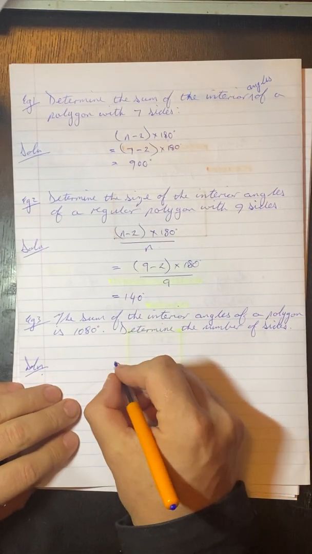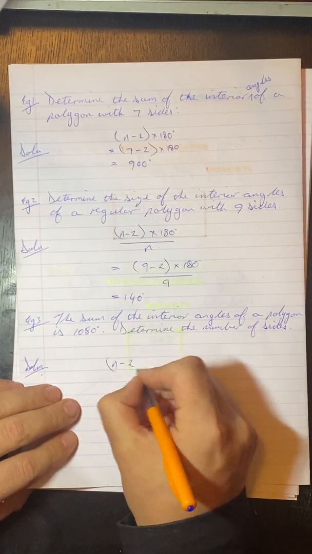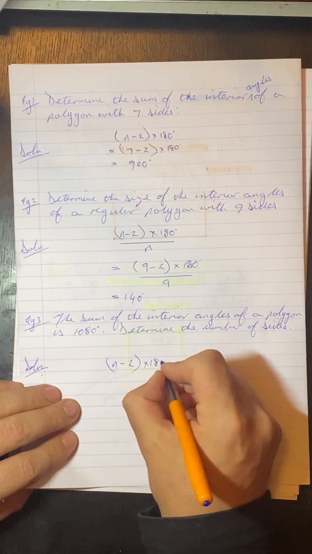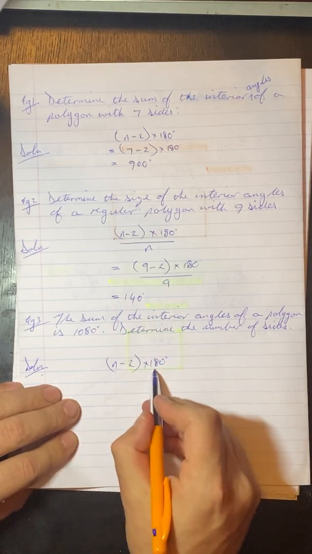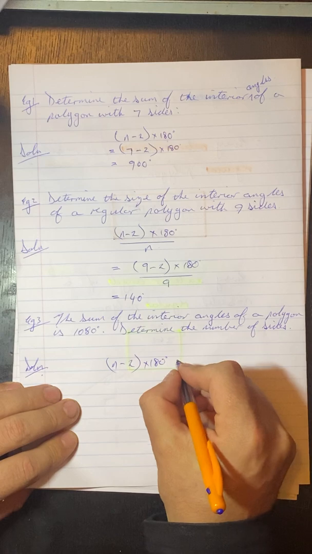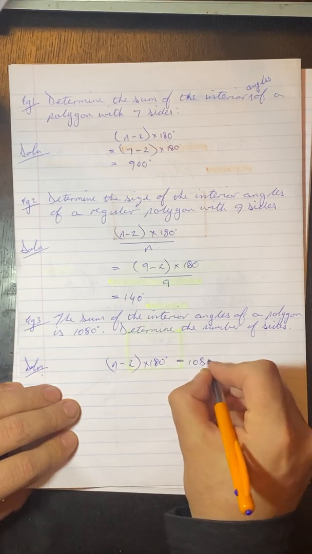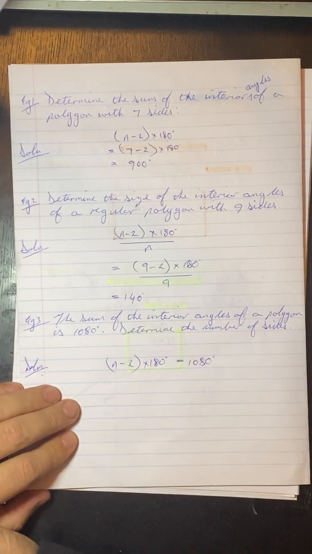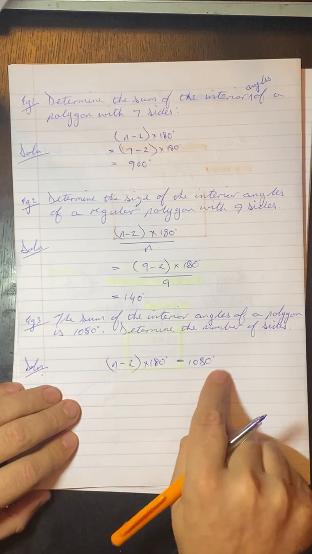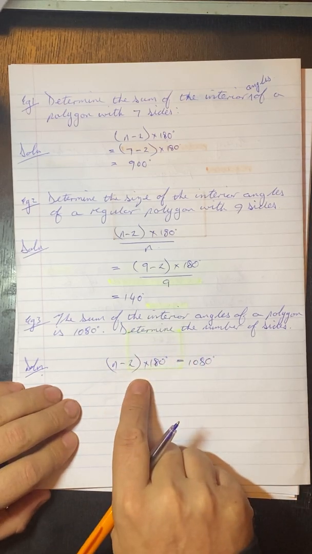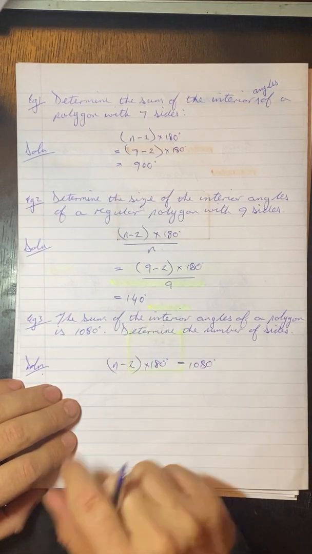We know what this sum is, they told us it's 1080 degrees. Now this is just a normal equation that you can solve, which you guys have been doing for the last few weeks.